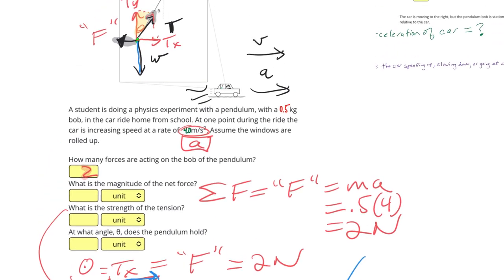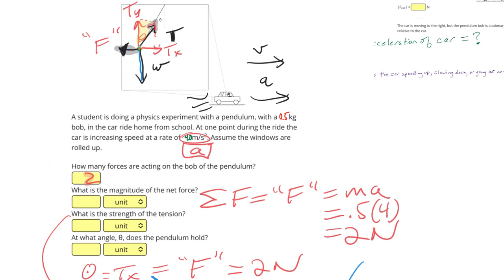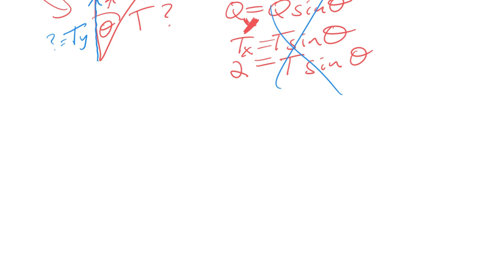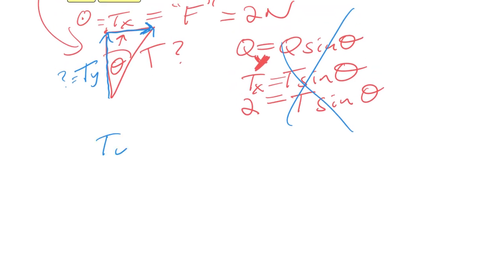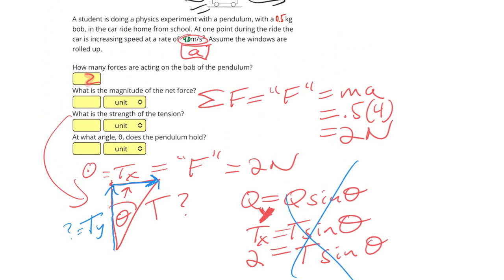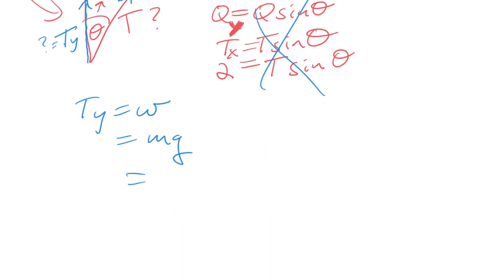Well, Ty is easy. Ty is equal to the weight because there's no net vertical force. And I already have that. So 0.5 is the mass times 10, so that's 5 newtons. So we have Ty is 5.